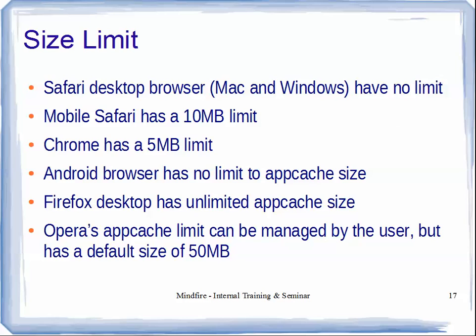Chrome has 5 MB, but Chrome allows storing up to 100 MB, I guess. Firefox desktop has unlimited app cache size. Android browser has unlimited app cache. Similarly, in Opera, the user can define how much app cache can be stored in that browser: 5, 10, 50, 100.